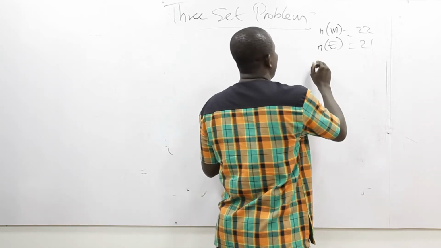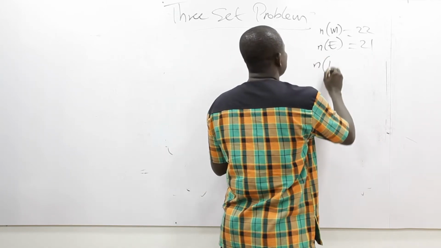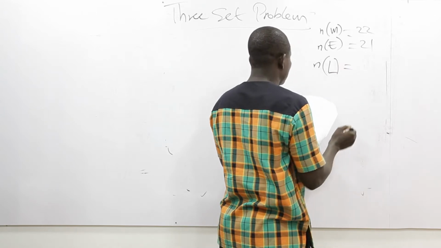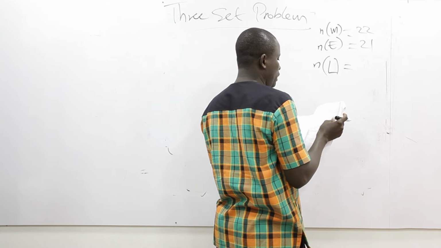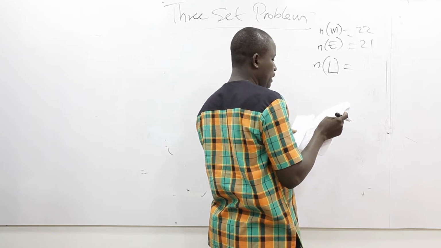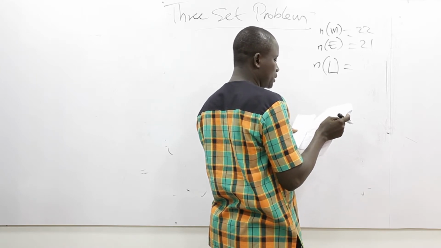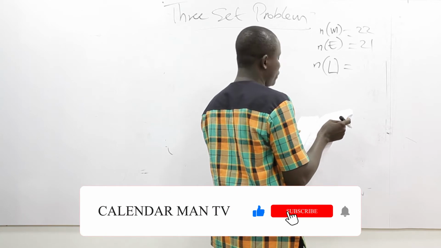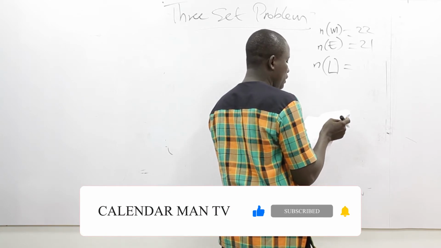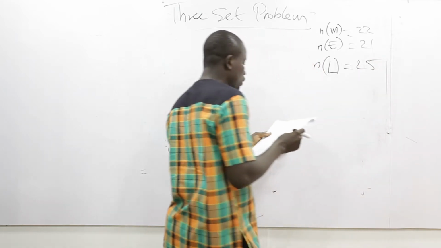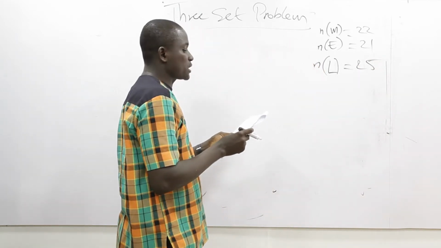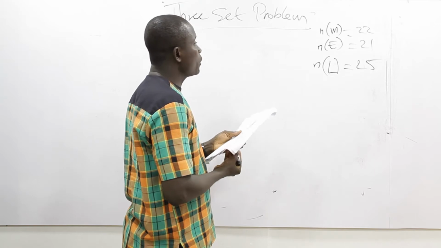Then n(life skills) is equal to, let me look at it again. In a class of 50, 22 had this, and 25 had life skills. So this is 25, right? That is what we are having. 25 had life skills books.